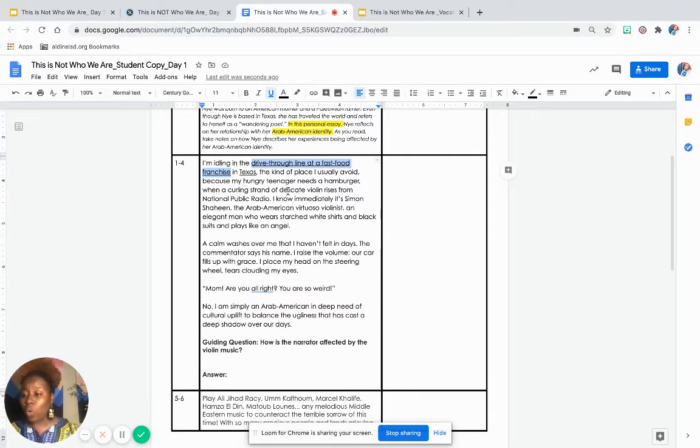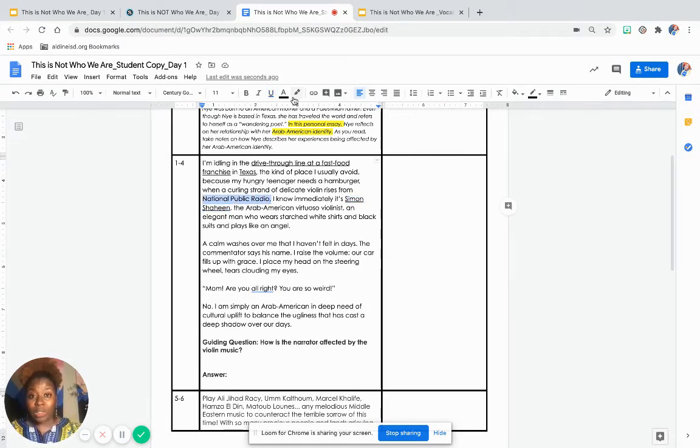Okay. We are going to underline Simon Shaheen because that is a name. And we find out in the same sentence that he is a virtuoso, which we learn is an individual who is a musician or a genius at it. We are going to underline National Public Radio.